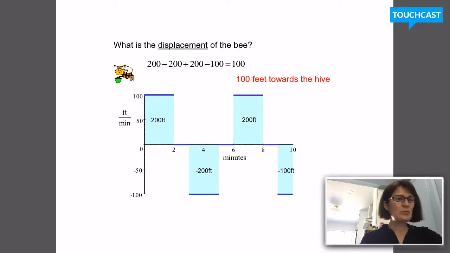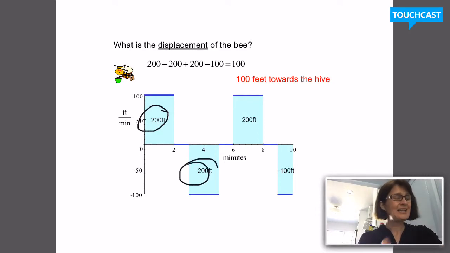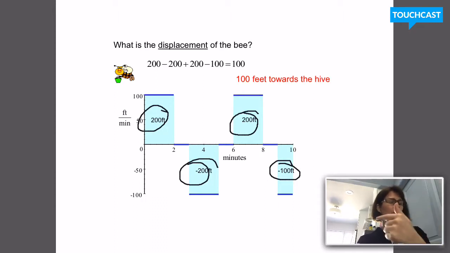But now if we talk about the displacement, where does the honeybee end up relative to where he started? Well, he started at the hive, he went 200 feet toward the flower, and he came 200 feet back, he's back at the hive. So his displacement so far is 0, he's back where he started. 200 feet toward the flower, and then he's at the flower, but he's going 100 feet back toward where he came from.